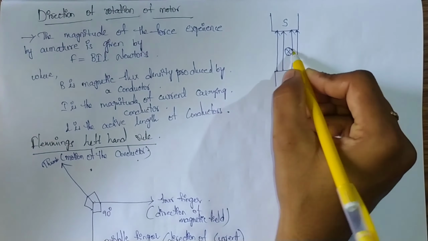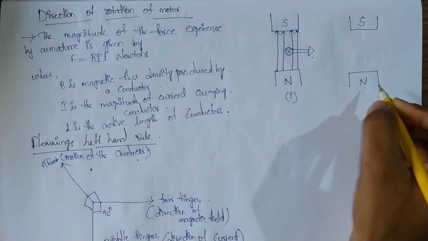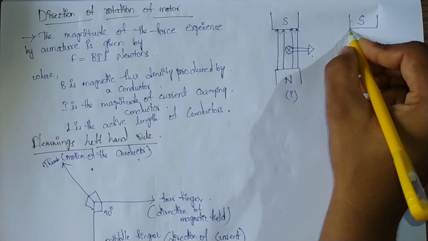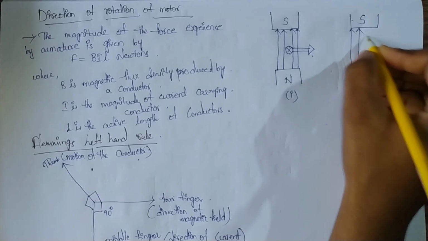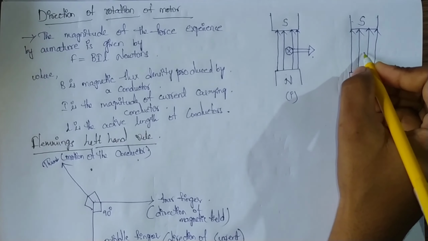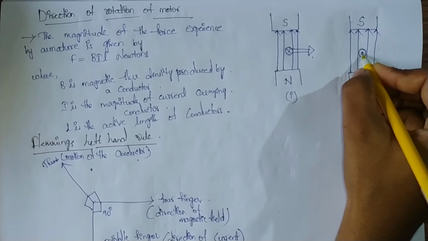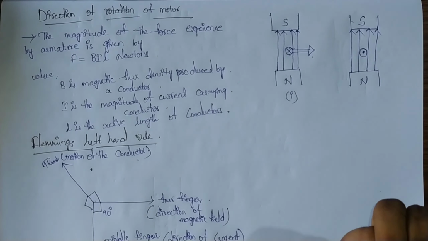Now this is case 1. Now I am taking another case. This is the south pole and this is the north pole, and the flux lines go like this. Here I am placing a conductor where the current is leaving, that is, coming out of the page.